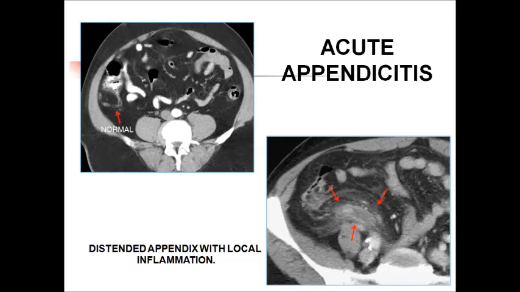In acute appendicitis, CT allows to detect distended appendix with local inflammation. Of course, don't forget about clinical symptoms. Local pain, increased white blood cell count, and so on.